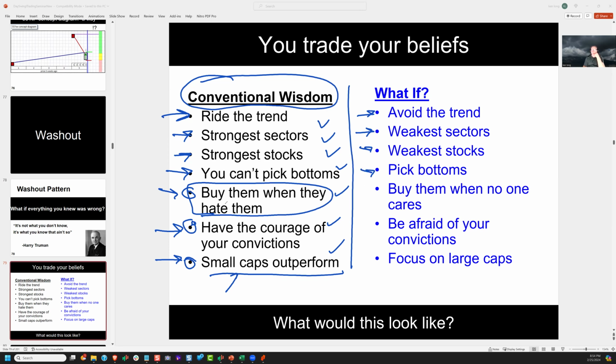And now the opposite of hate is not love, but buy them when no one cares, when the volatility goes down. And then be afraid of your convictions. Don't believe in your trade setup and be ready to cut and run fast. And then focus on large cap stocks. So I said, what would that look like? What would that look like as a trading system?